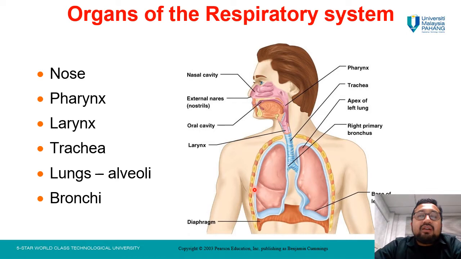In the mechanism of breathing, the induction of air from outside will go in due to different pressure, from positive pressure to negative pressure. So basically these are the organs of the respiratory system. All of these play an important role in respiration.